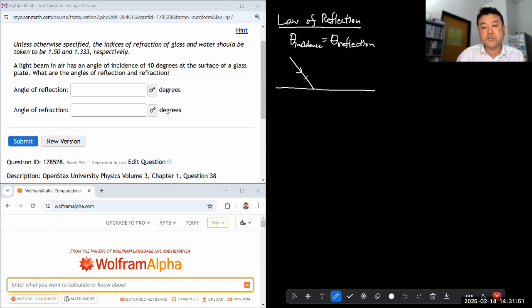Sometimes people looking at this drawing might have the intuition to draw the angle here, and that's not how we define our angles. We define it relative to the surface normal, the perpendicular to the surface, and this is how we define the angle of incidence and angle of reflection.